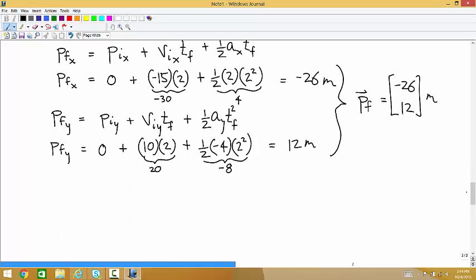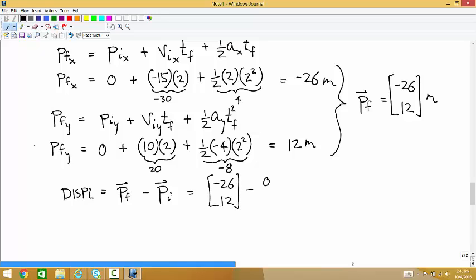And then we were asked for the displacement. So the displacement here is the position at the later instant, that's our PF, minus the position at the earlier instant. PF is negative 26, 12.